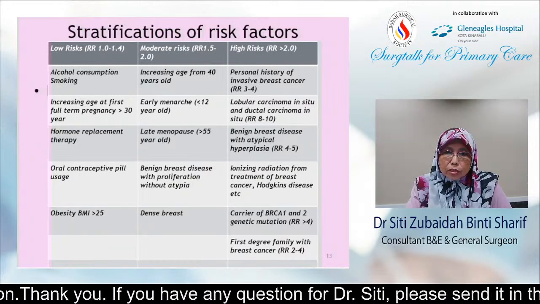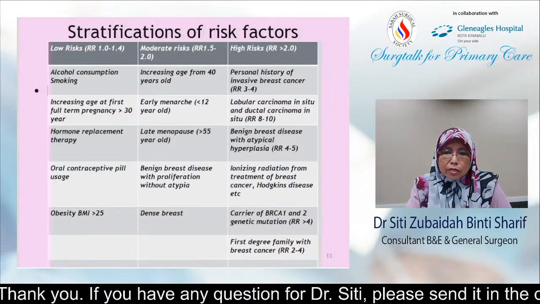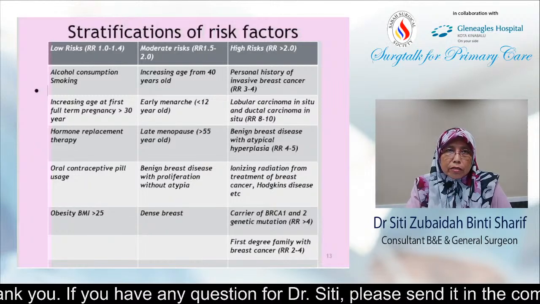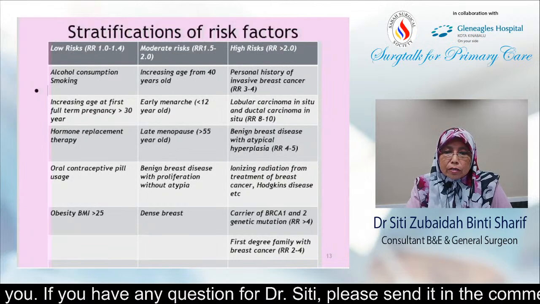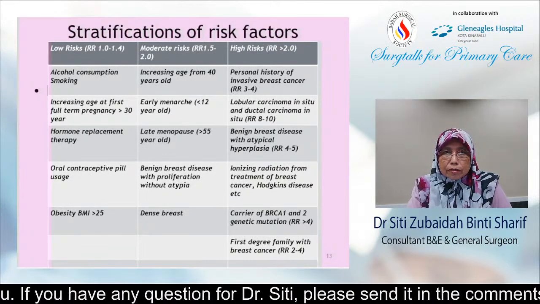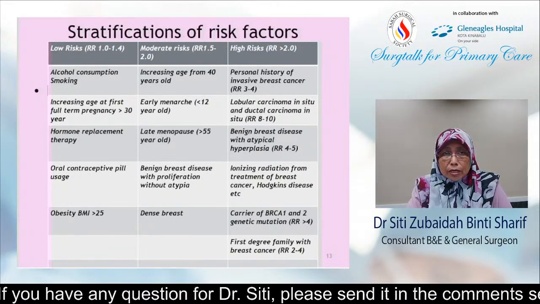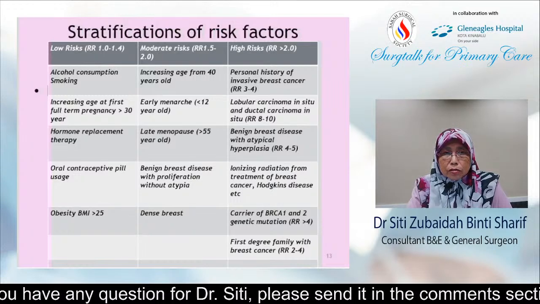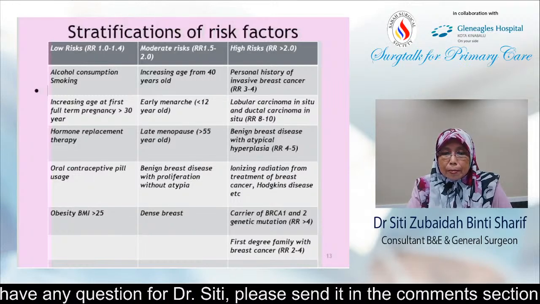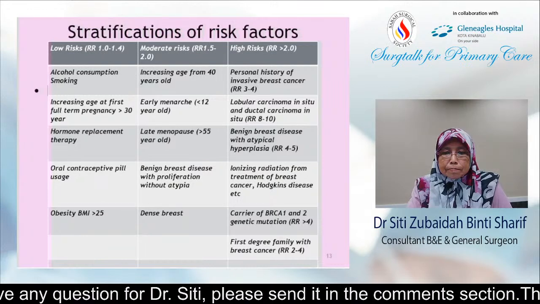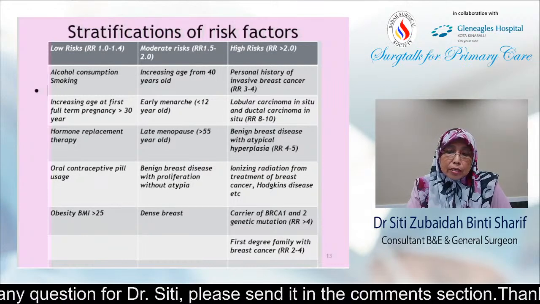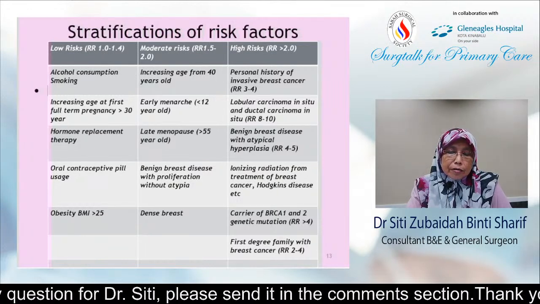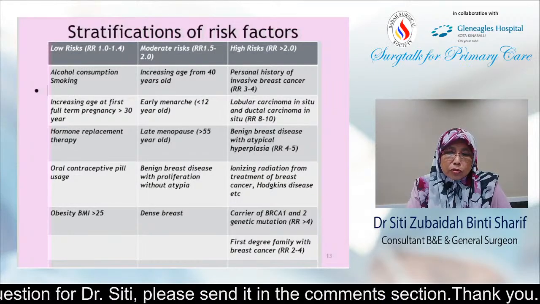Most important, you must ask whether there is a first degree family member with breast cancer, either the mother, siblings, or daughter, and whether the patient was previously tested as a carrier for BRCA1 or 2 gene mutation.